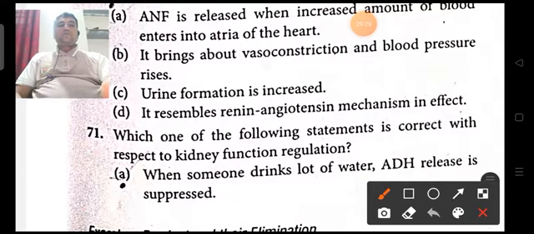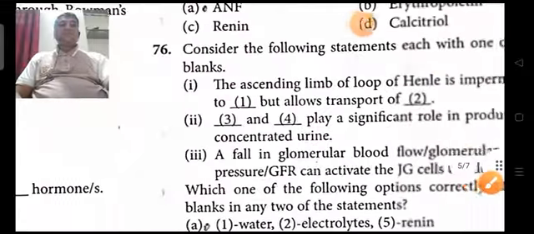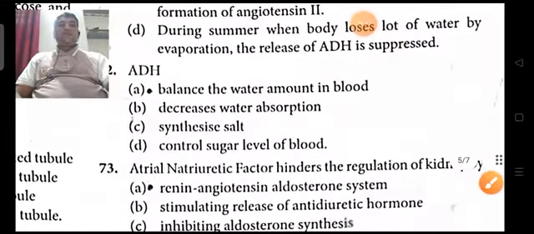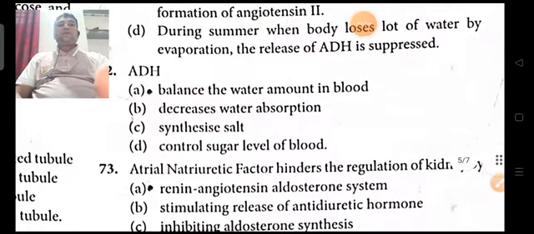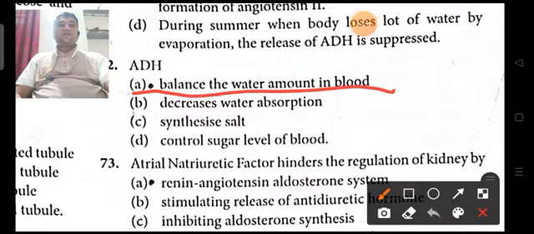So obviously, when someone drinks more water, ADH release is suppressed. ADH is meant to balance the water amount in the blood. So ADH is going to maintain the balance of water in the blood.